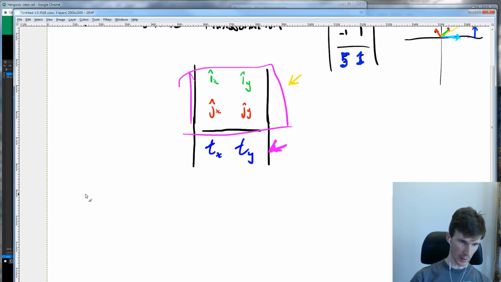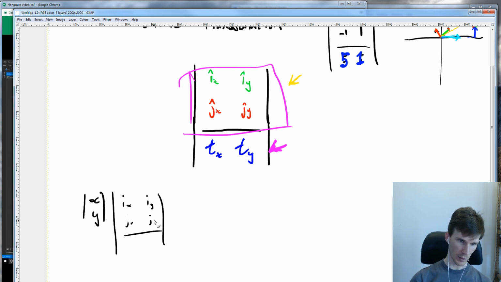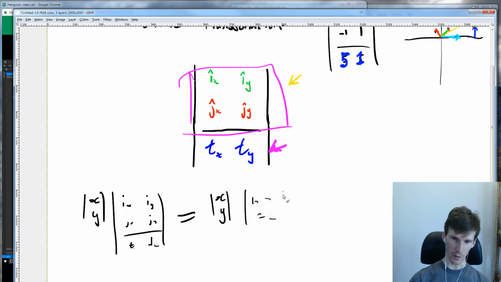So if we had x, y, and we wanted to do i_x, i_y, j_x, j_y, t_x, t_y, that is equivalent to going x, y, i_x, i_y, j, all that stuff, plus t_x, t_y.